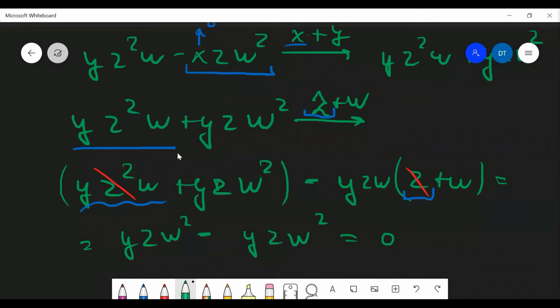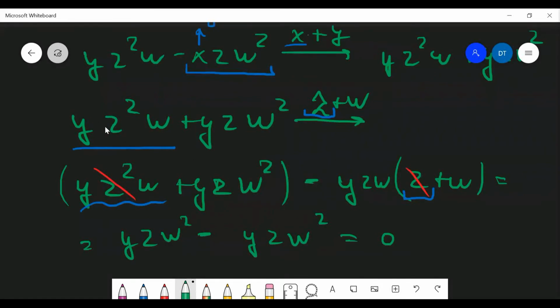So let's take a look. What has happened here? This guy remains the same because we didn't change it. But with this one, y and w remain the same, and then we just replaced one copy of z by minus w.